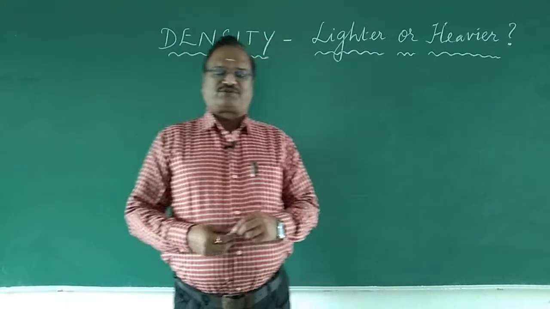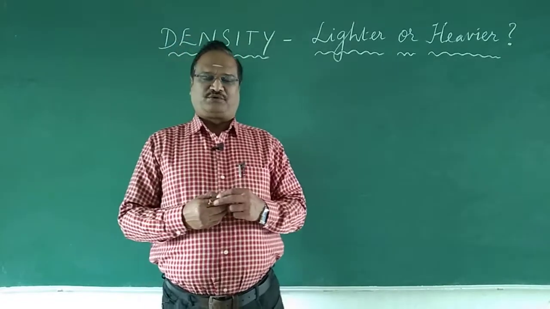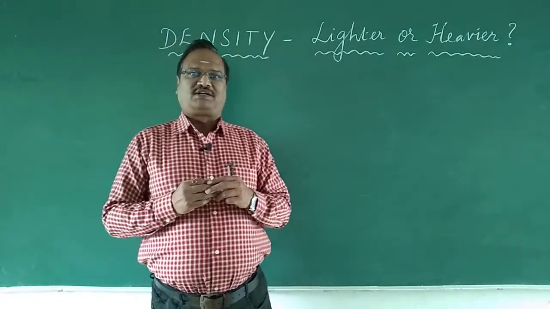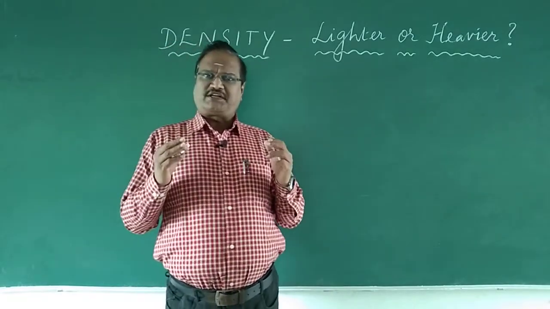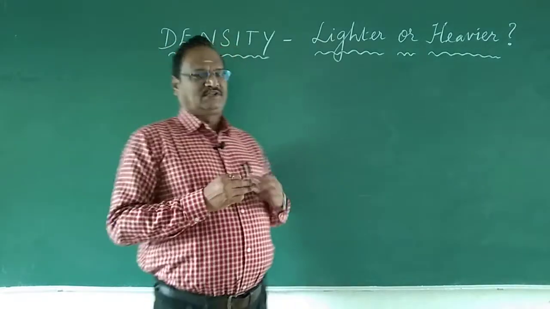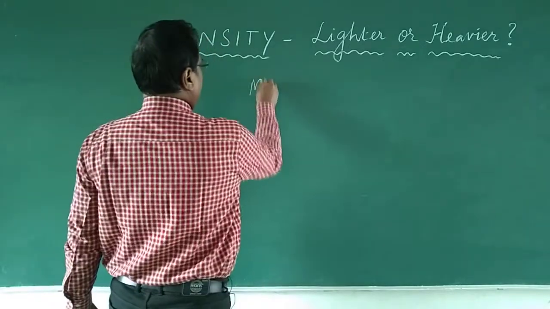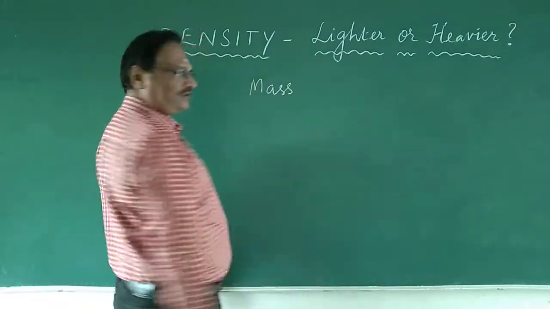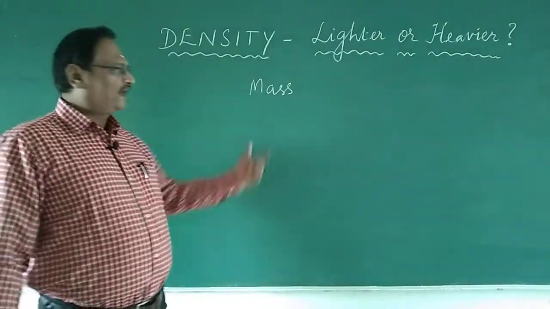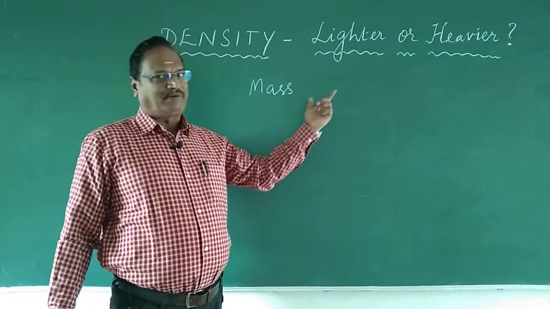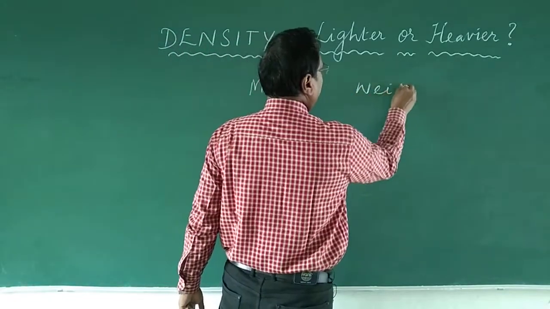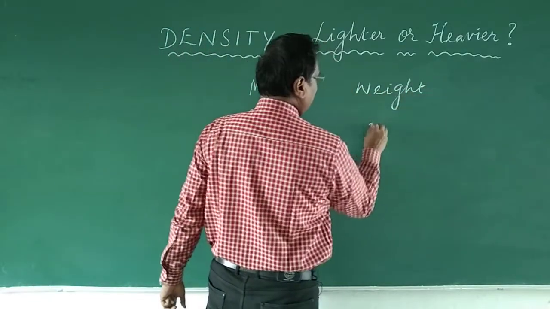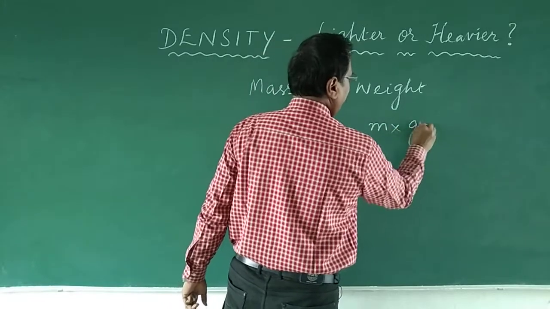Hello students, in the previous video we studied about mass and then we differentiated it from weight. What is mass? Mass is the amount of substance or quantity of matter in a body, and we said weight is the mass multiplied by the gravity.